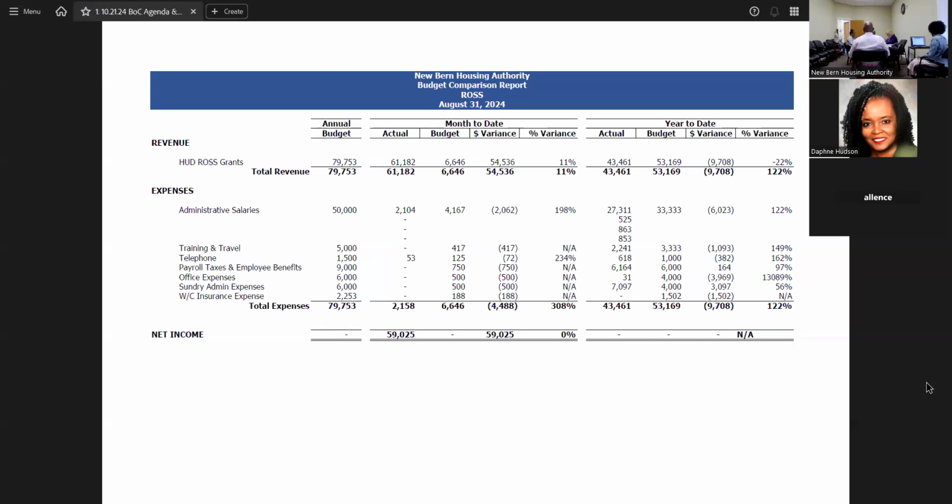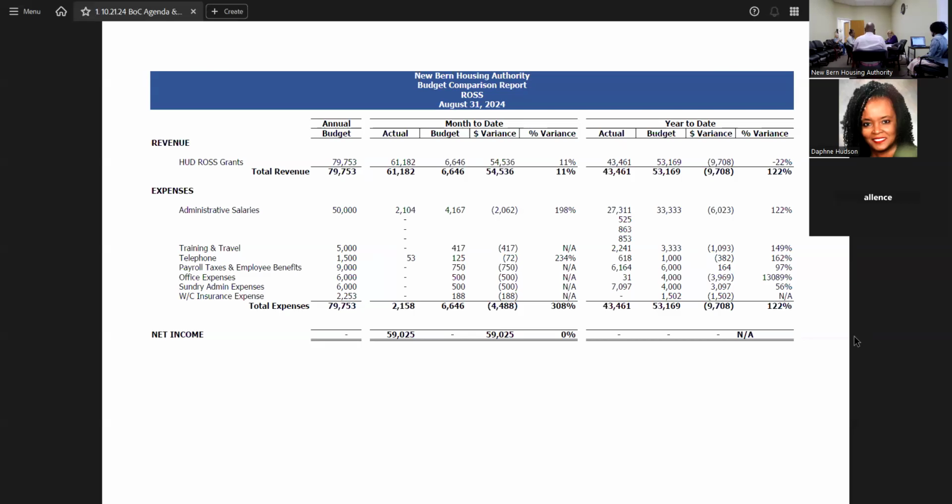That's why the revenue was so high for this month. But for the following months, it should be about what the monthly budget is. So just some corrections happened this month.